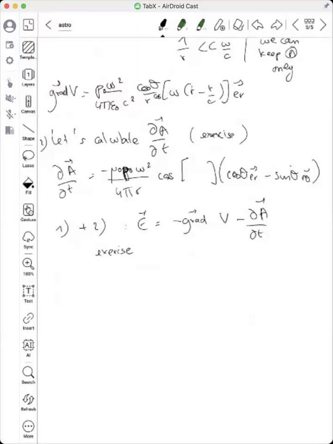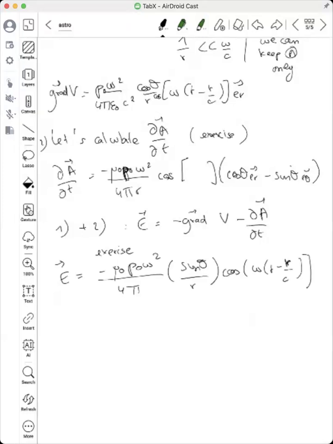It's 2 lines of calculations, and you will get that E is equal to mu 0 p0 omega squared divided by 4 pi, sin theta over r, cos of omega t minus r over c, e_theta. Okay?